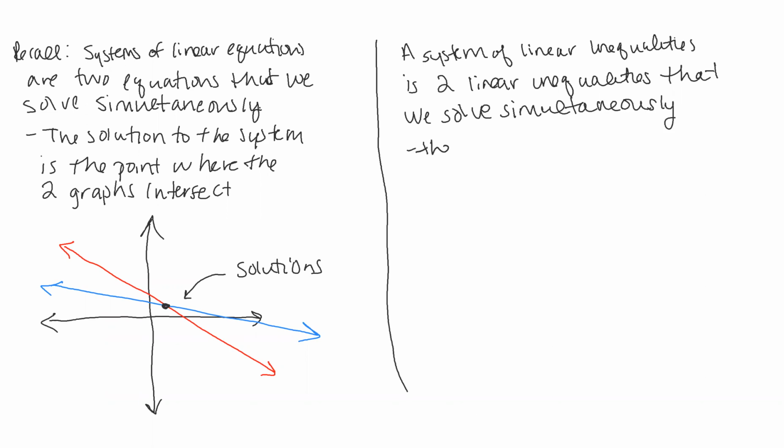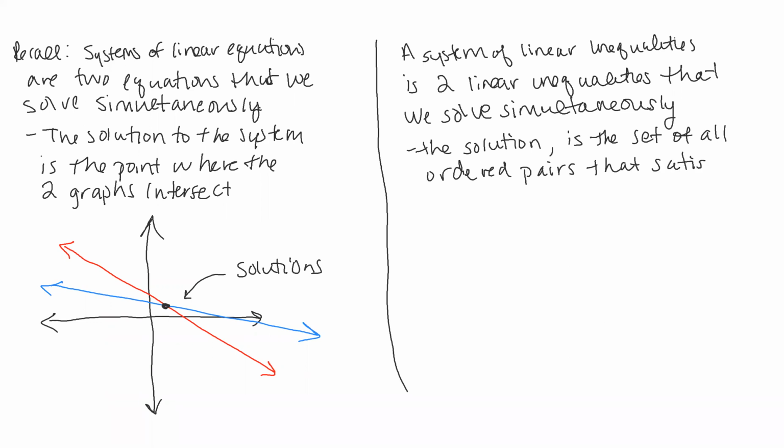The solution is no longer a single point where the two lines intersect. Instead, the solution is the set of all ordered pairs that satisfy both inequalities.